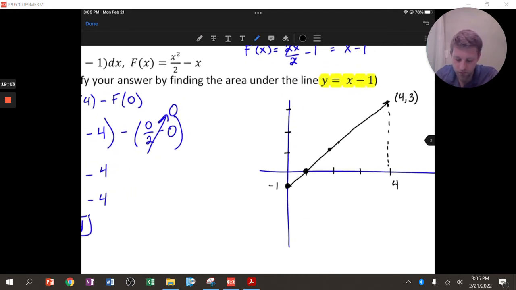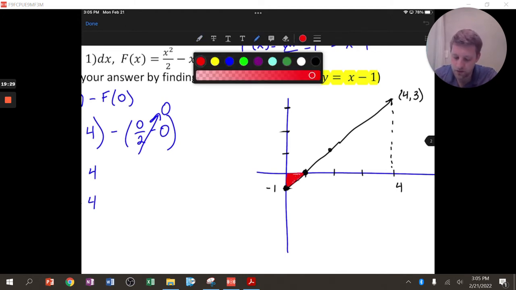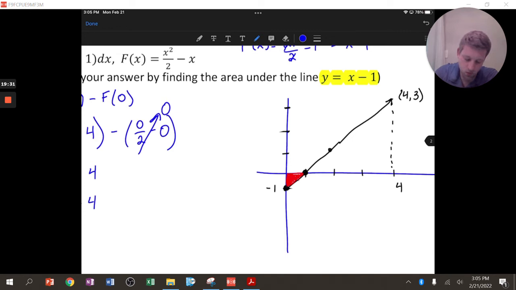So let's notice what we have. We have some area that's trapped below the x-axis in this little region. We'll paint that red. And then we have some nice area accumulated above the x-axis. We'll give that some blue.